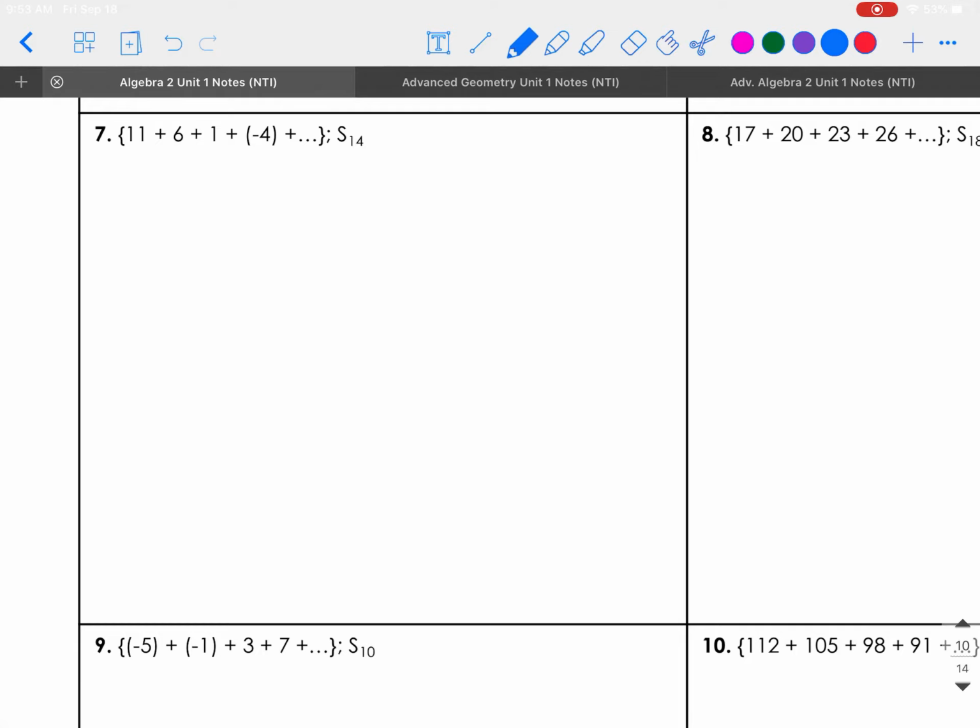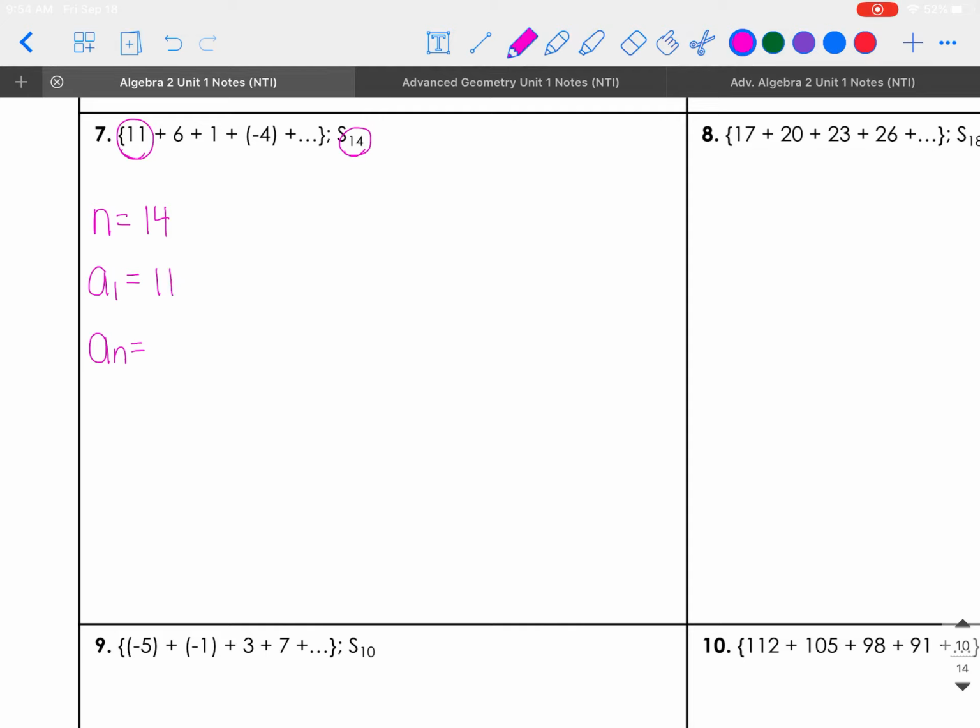All right, number 7. N equals 14, because I'm finding the sum of the first 14 terms. A1 is 11.